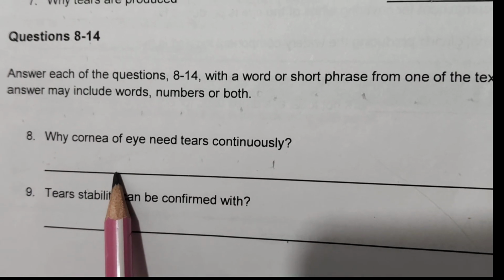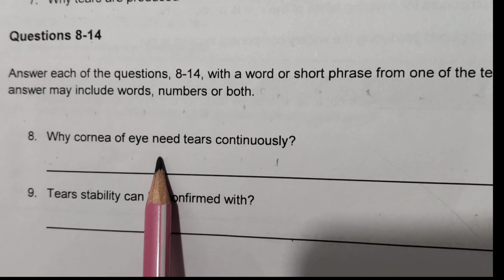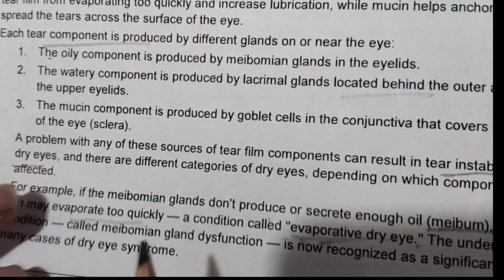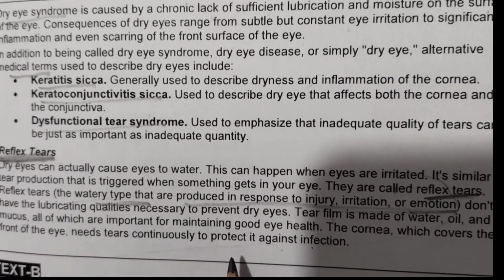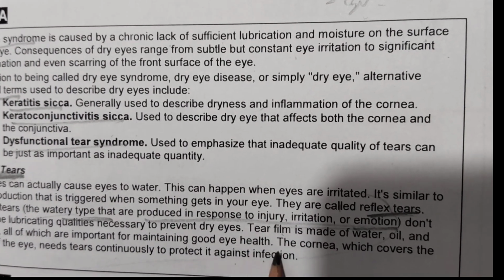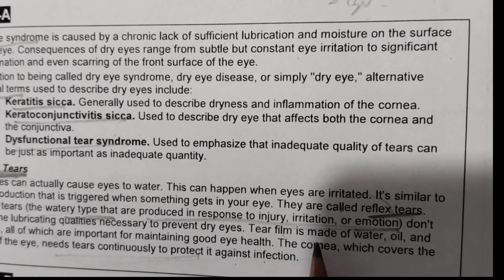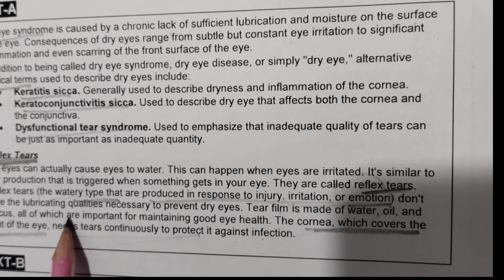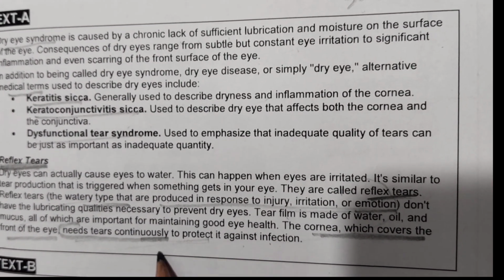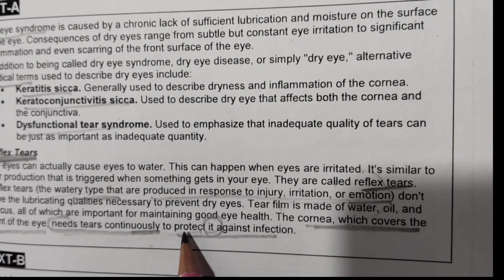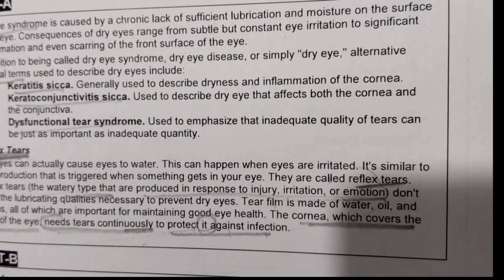So we can directly go to paragraph A because all the definitions are mentioned in paragraph A, and the answer is protection against, here I have seen, the cornea which covers the front of the eye needs tears continuously to protect against infection. We don't need to write more, protection against infection is the answer.